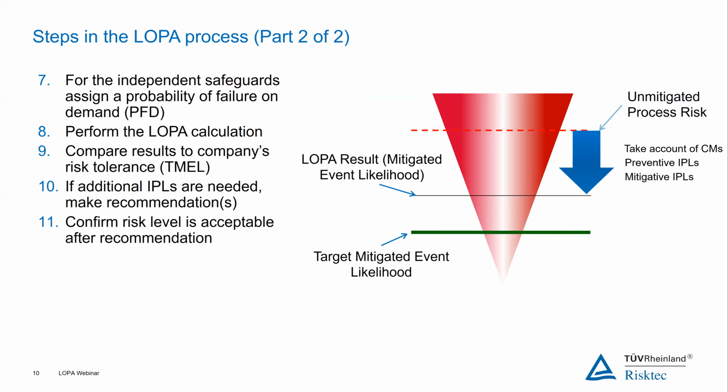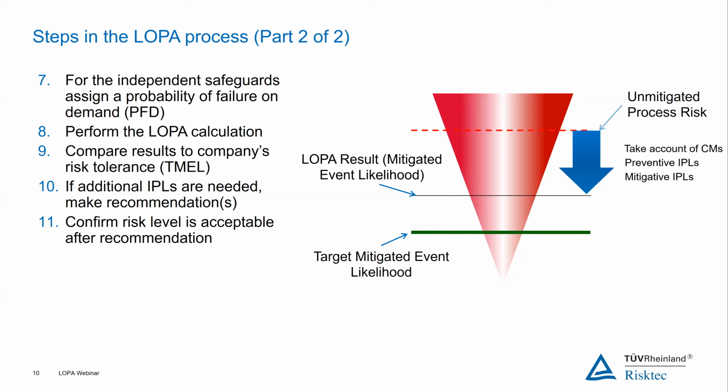How can we make them more reliable? How can we allow them to provide us with a larger risk reduction? Or it may be we need additional layers, so we need additional safeguards to be put in place to improve our risk, to get it down to, at the very least, the target mitigated event likelihood.